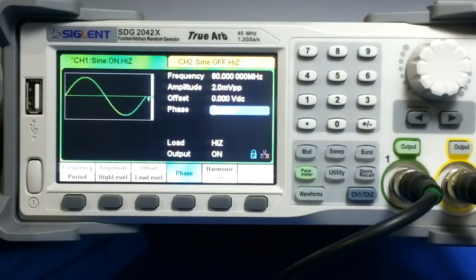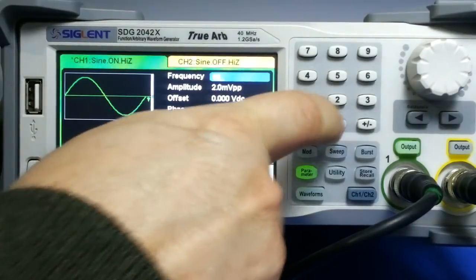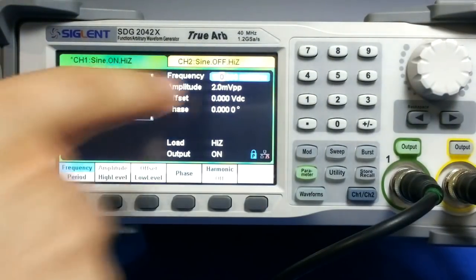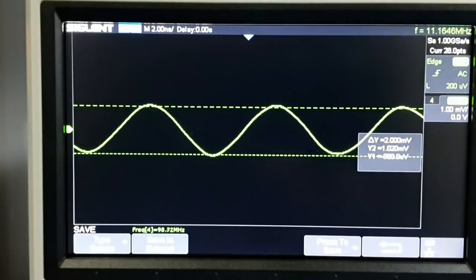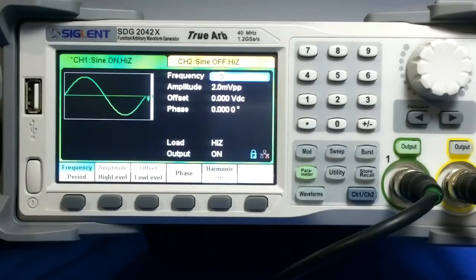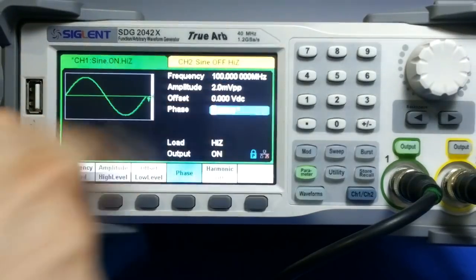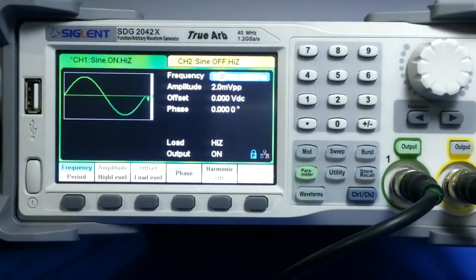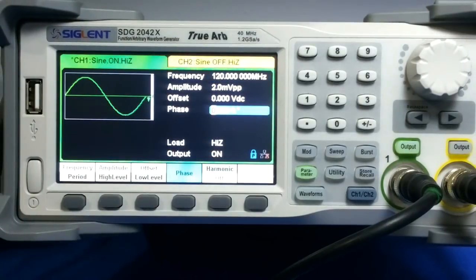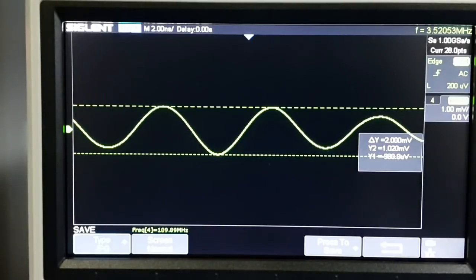I will increase the frequency to 100 megahertz. Two millivolts peak to peak. 120 megahertz. The distortion of the harmonics influences the frequency measurement.